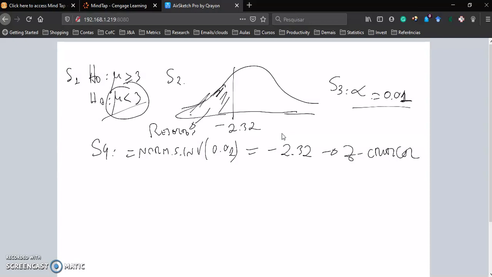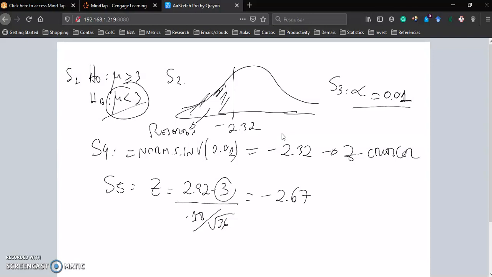Okay. Now step 5, I compute the z based on our sample, which is 2.92 in the problem, minus 3 in the hypothesis, divided by 0.18, the population standard deviation, divided by the square root of 36 cans. This is equal to negative 2.67.